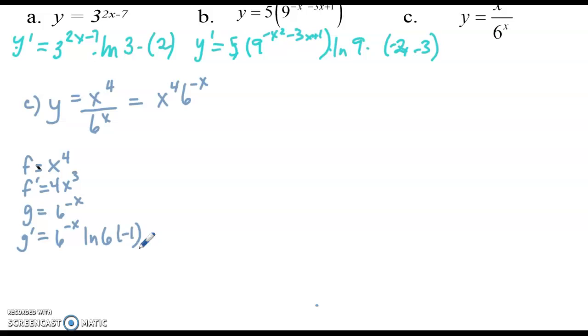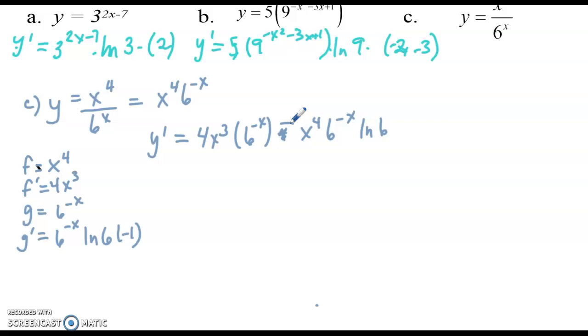Okay? Alright, now the product rule says y prime is going to equal derivative of f multiplied by g plus f multiplied by g prime times the negative 1. So we'll just change the negative there.